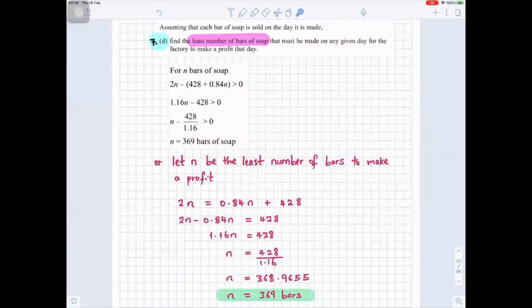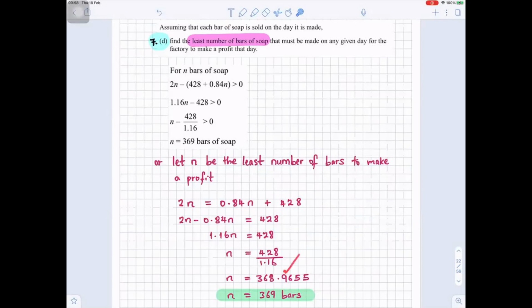Or we can say, let n be the least number of bars to make a profit. So 2n is equal to 0.84n plus 428. We want to solve it for n. So we'll take to the left-hand side. So it becomes 2 minus 0.84 is 1.16, n is equals to 428. Divide by 1.16, n is equals to 428 divided by 1.16, it gives you 368.9655.